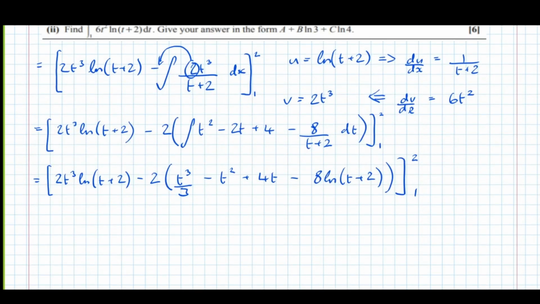Let's keep going. So I want to, before I do any more, multiply these brackets out just to make it nice and in line, because the answer has to be in this form, no brackets in it.